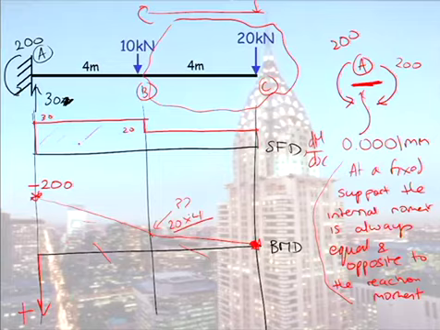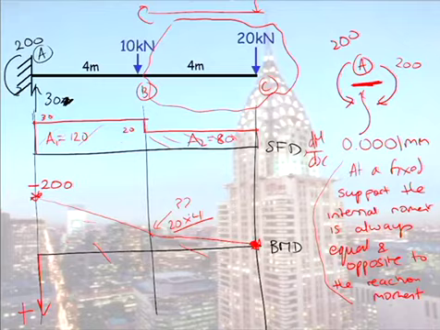If you start at this side, we're going to get an area of 30 times 4, an area here of 120. If we work on this side, we're going to get an area 2 here of 80. Those two areas are unequal. What's going on?